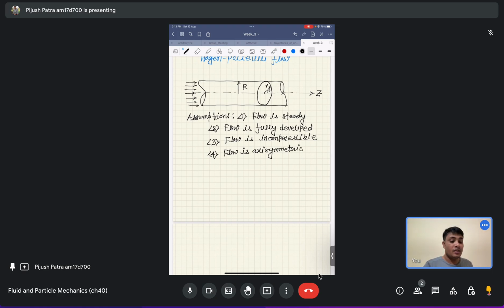That means the flow variables don't depend on the parameter theta. So you can write it this way: dou by dou theta of any parameter is equal to 0. That is the meaning of this.